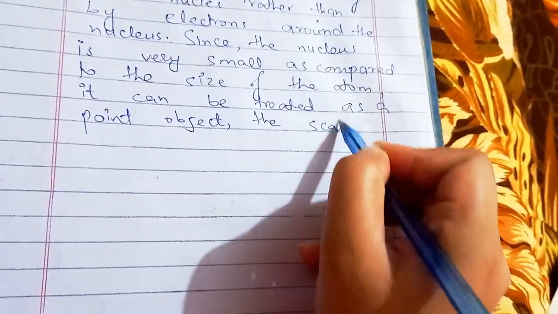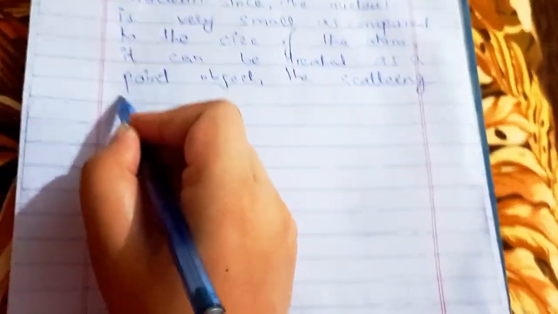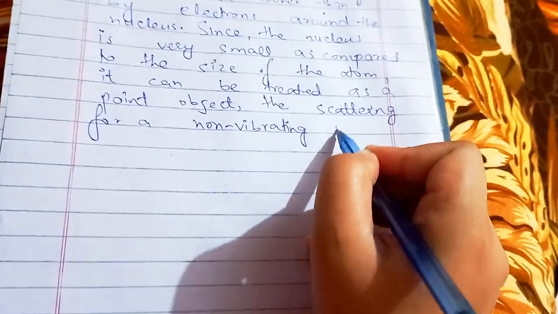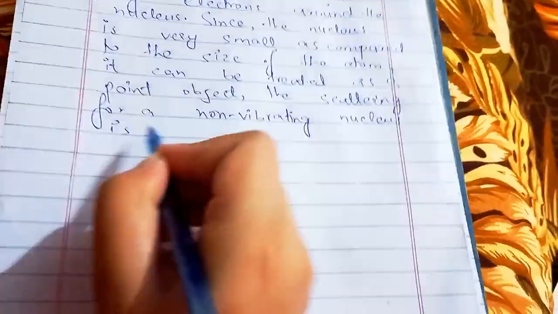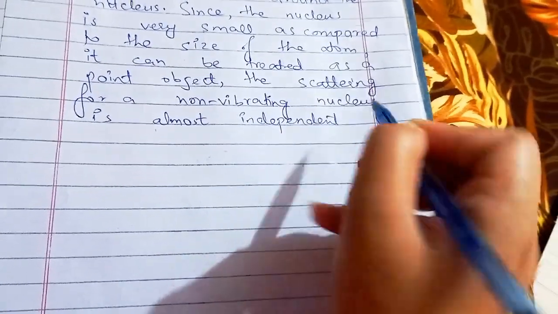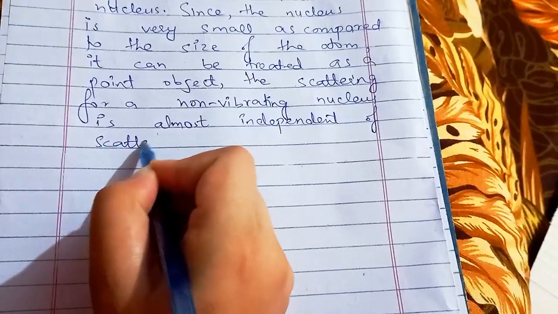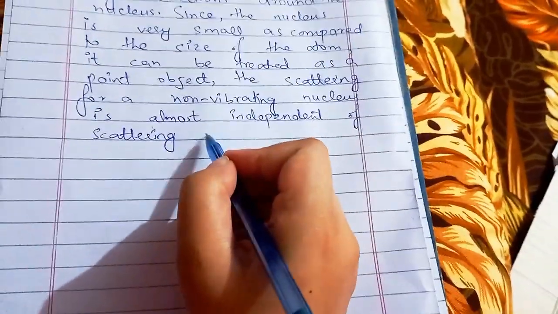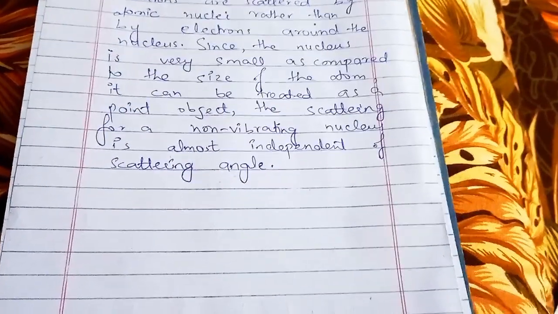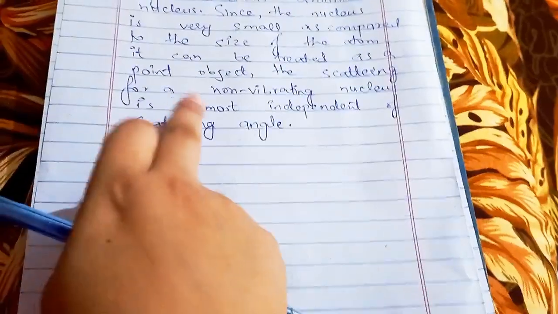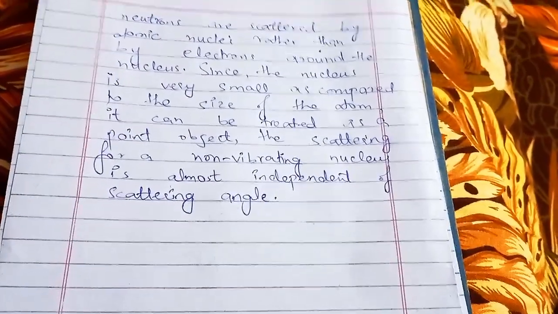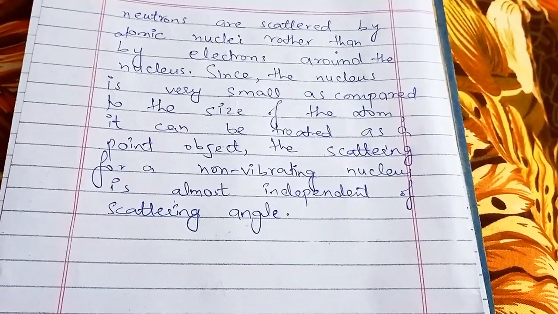The scattering for a non-vibrating nucleus is almost independent of scattering angle. We said almost because we are saying nucleus as a point object approximately, which is not a fact but an approximation. That is why we said approximately or almost it is independent of scattering angle. There is a small influence of scattering angle on the scattering factor.